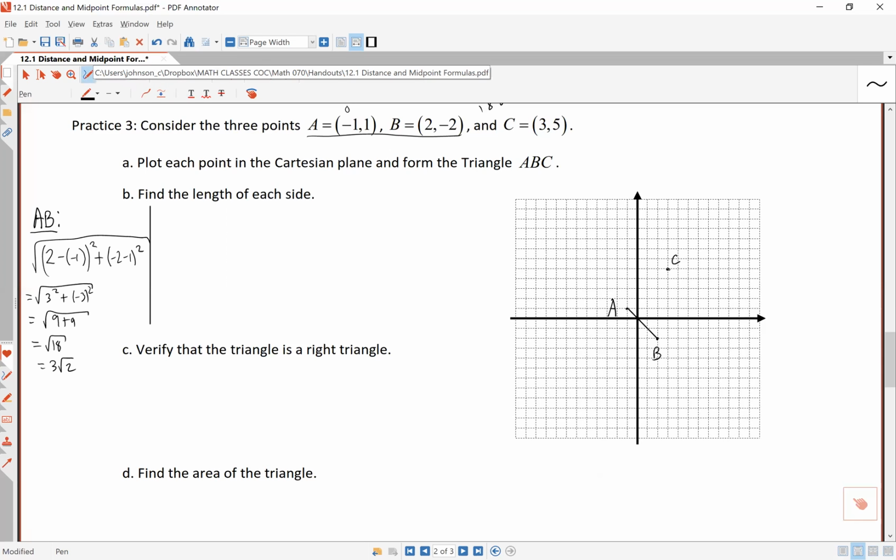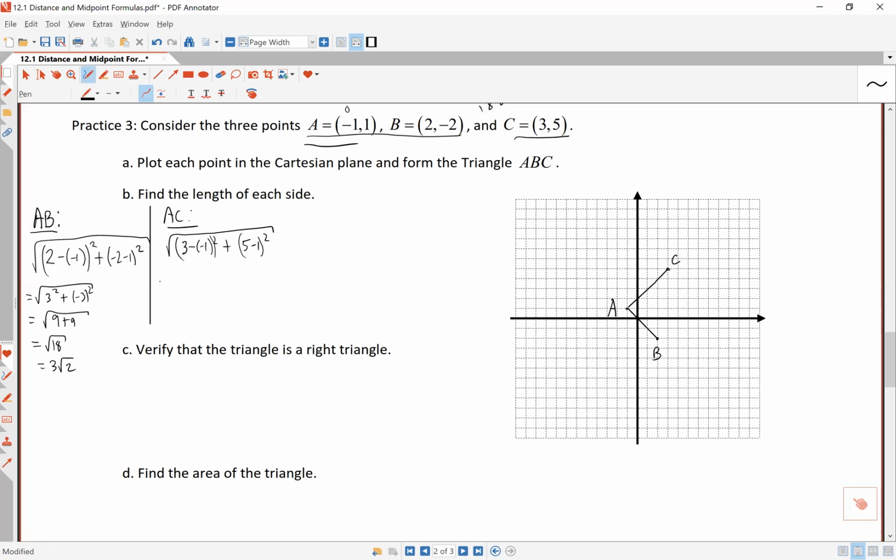Now let's find AC. A and C, 3 minus negative 1 for the x's squared. 5 minus 1 for the y's.